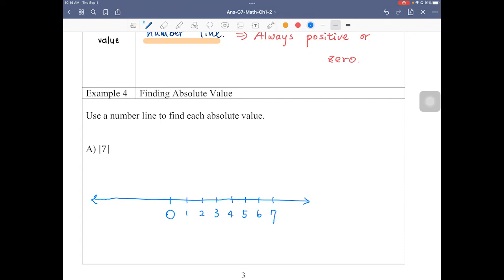I find the distance, so this is 7. The absolute value here equals 7.